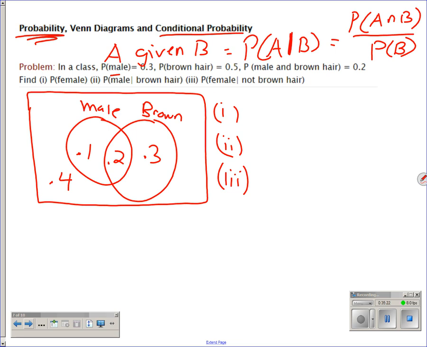What's the probability of being male? 0.3. So either you're male or female. 0.3 is the 30% chance, so 1 minus 0.3 is 0.7. You've got a 70% chance of being female in this problem. Oh well.